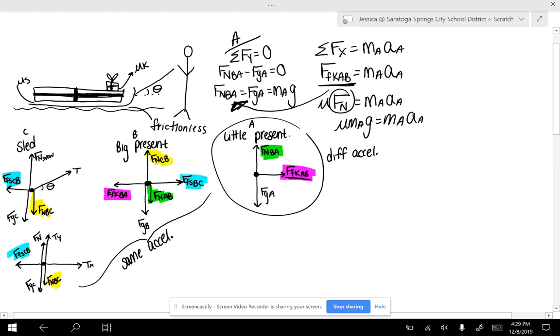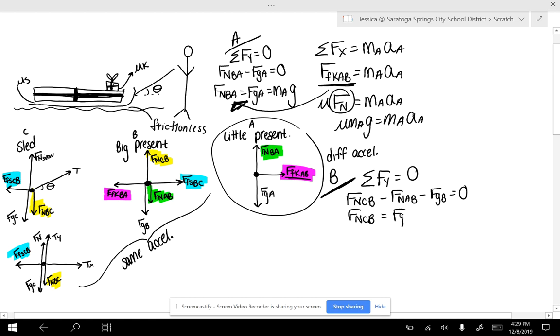Okay, so now on to box B, the big box. In the y direction, this big box is definitely not moving. So F_N,CB minus F_N,AB, since that normal force points down, minus F_GB. This gives us information about what that normal force from block C, the sled, on the big present is.